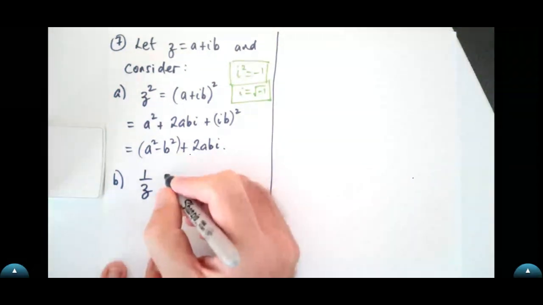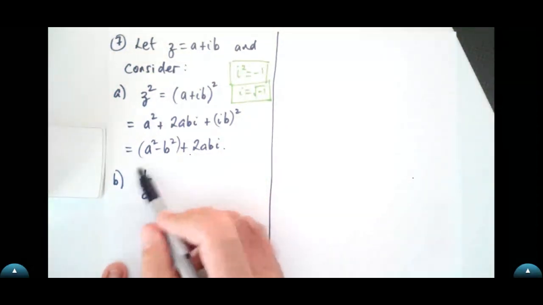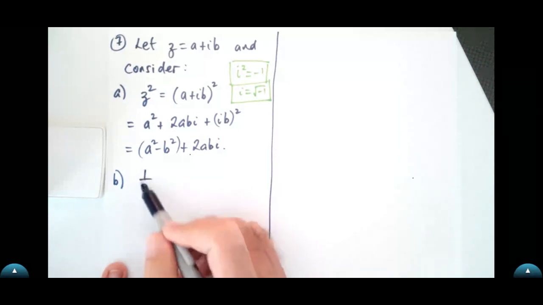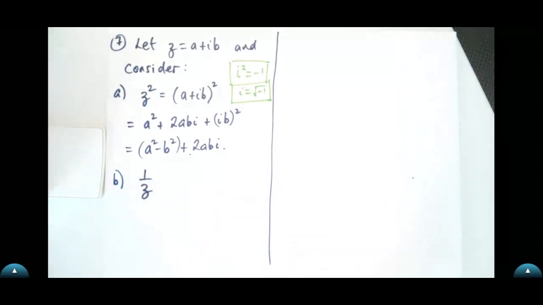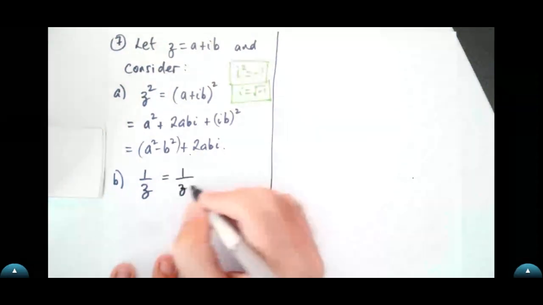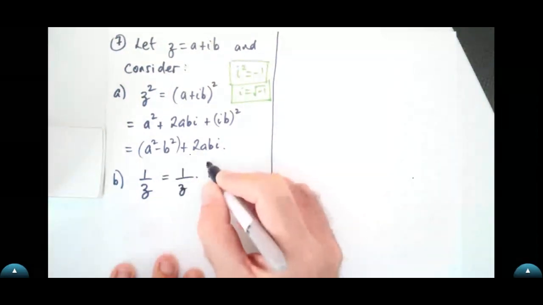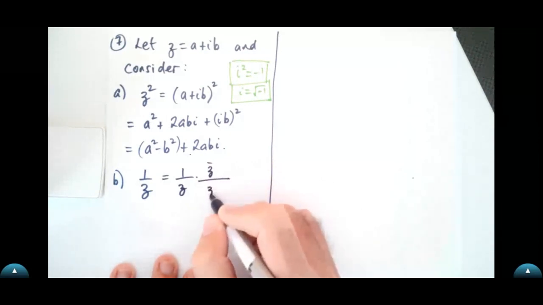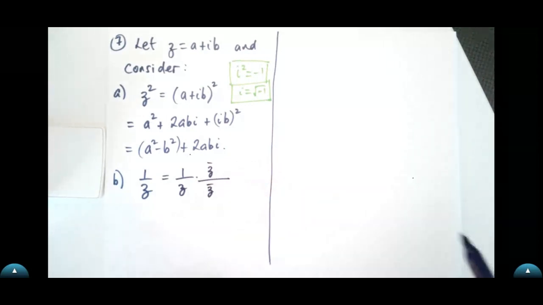Okay, so when you're working with this sort of form, when you have a division going on, what's helpful is to use what's called the conjugate, right? So what you can do is multiply the top and the bottom by this conjugate, right?